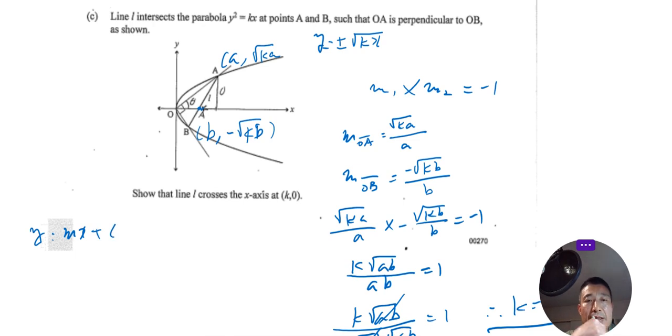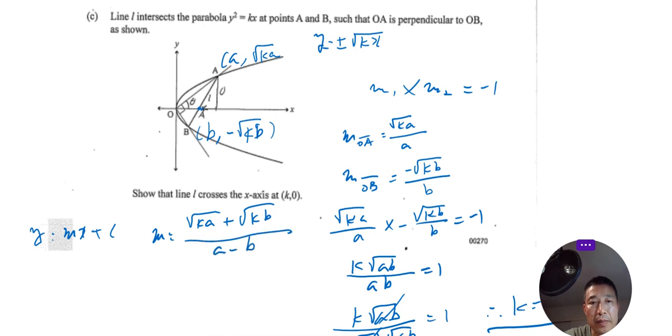Find the gradient and the y-intercept. So the gradient is the change in y, which is the square root of ka plus the square root of kb, over a minus b, right?